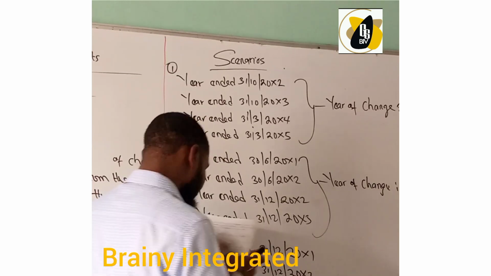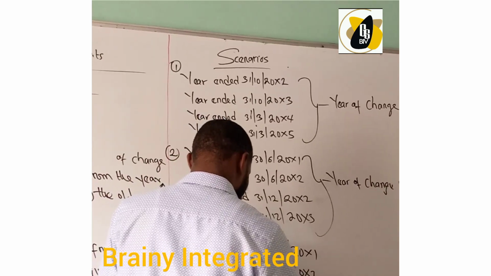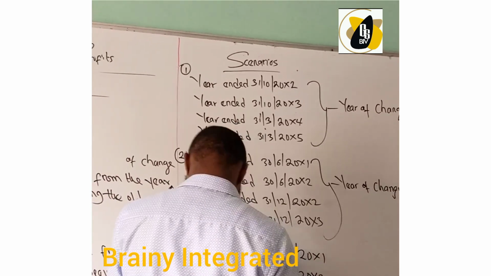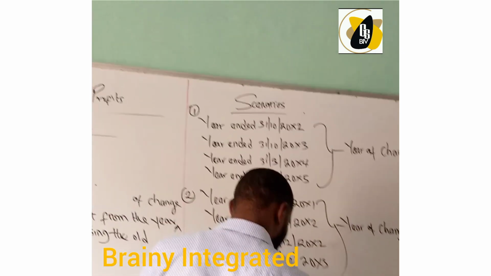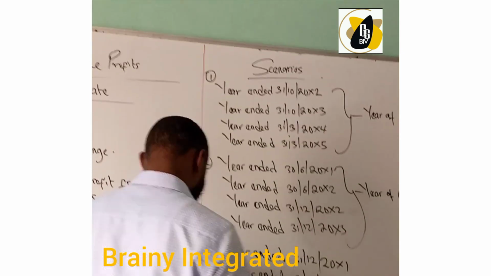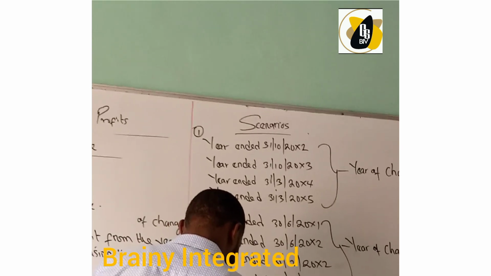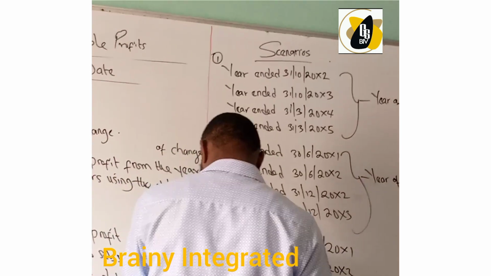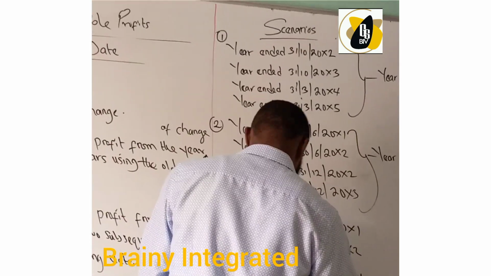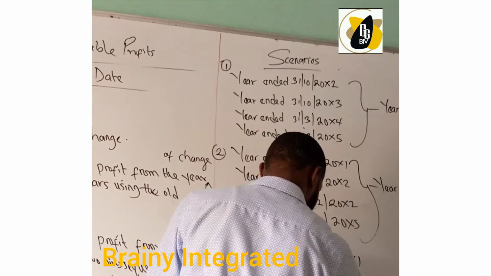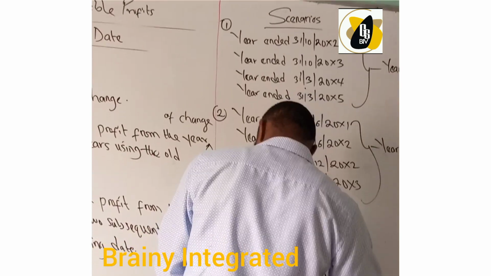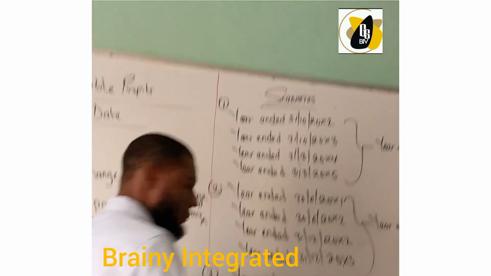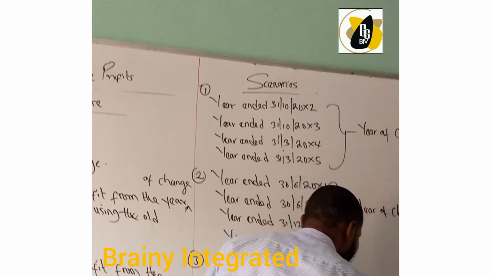Year ended 30th April 20x4. Year ended 30th April 20x5. Now this is scenario 3.